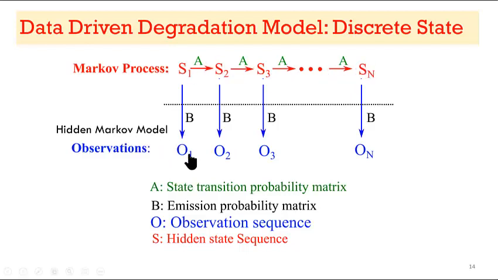In those cases, indirect observation can be used to model the degradation using these probability matrices A, B, O, where S denotes the hidden state sequence. So either you can use a Markov model or a hidden Markov model if you want to model the degradation in a discrete state.